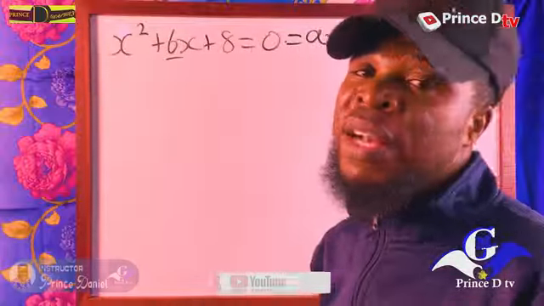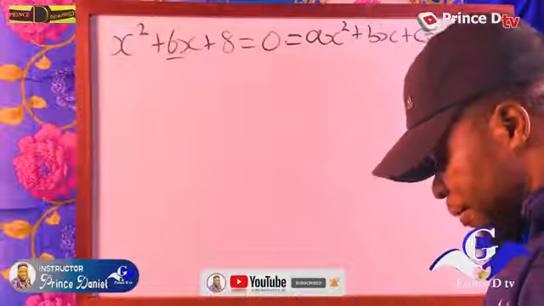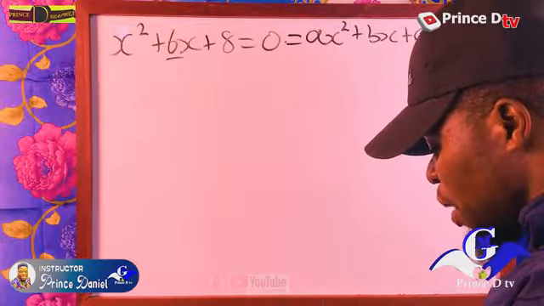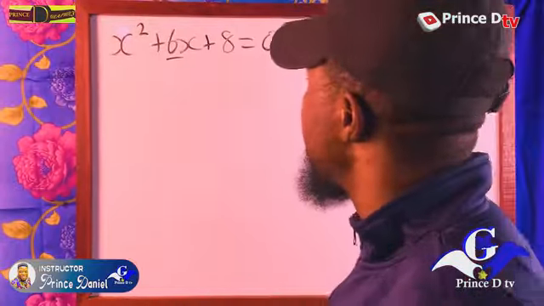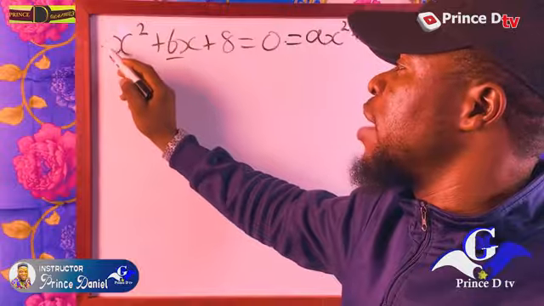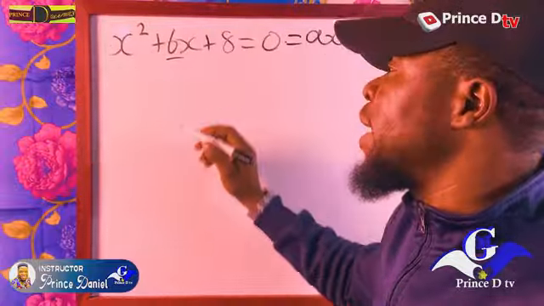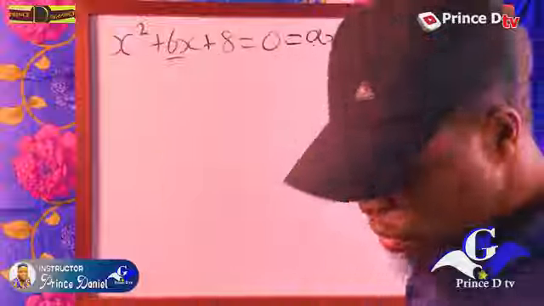The coefficient should be 1. So dividing all through by 1 is still the same thing. All right. So our a is already 1. In case you have your a maybe 2, 3, or any other number, you divide all through by the a so that the coefficient of x squared will be 1.